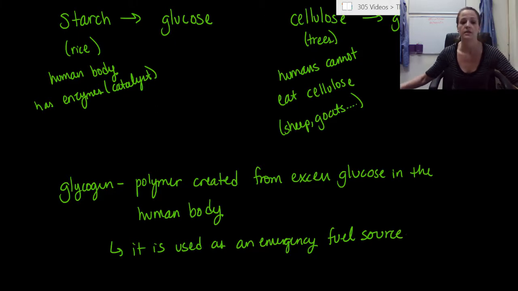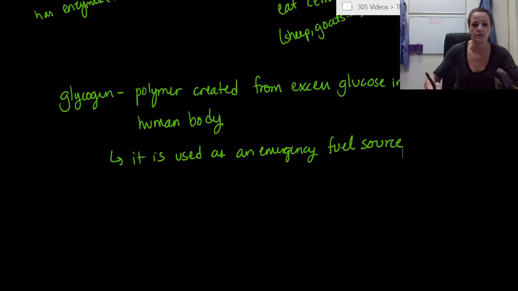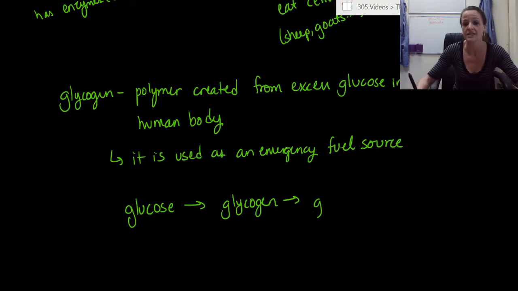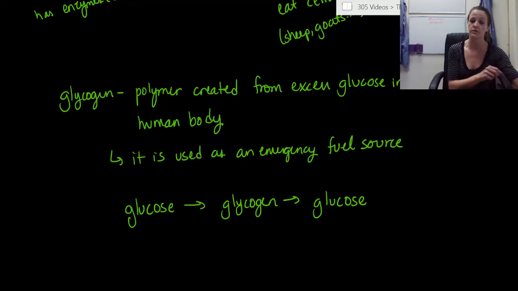So what happens is our body will take glycogen, okay? So it takes, well, I should say it takes glucose, it converts it into glycogen because we can very, very easily break it back down into glucose. Okay, so we have excess glucose in our system, we create the polymer glycogen, and then we store our glycogen in muscles and our liver.